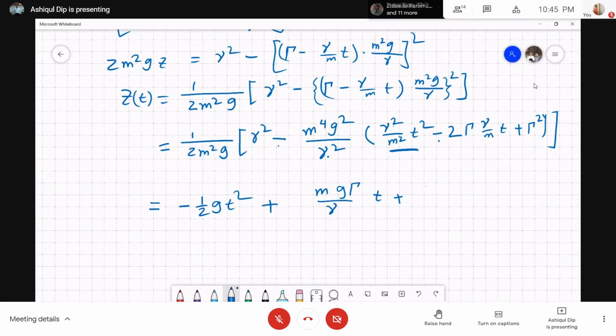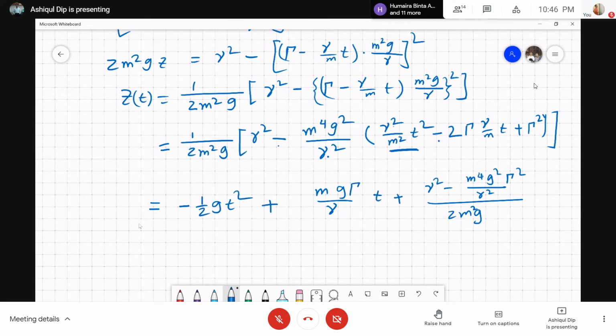It gives you big gamma square minus m to the power 4 g square divided by small gamma square into big gamma square divided by twice m square g. That's what you get, which is basically a constant term. If you want to simplify, you can simplify like this.